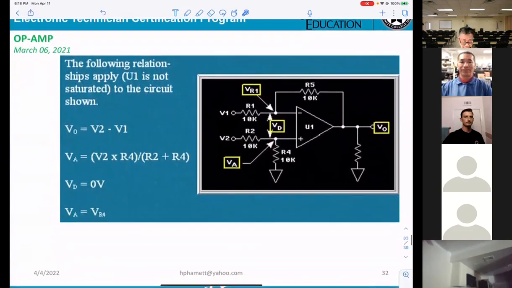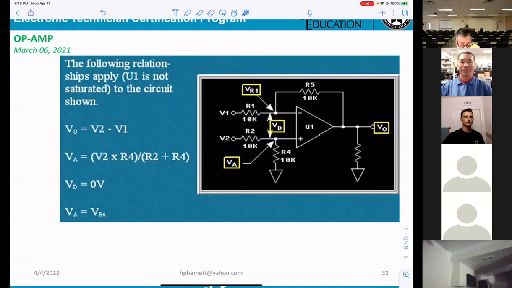Now, on that one, the following relationship applies. U1 is not saturated in the circuit, so VO equals V2 minus V1. That means VS positive minus VS negative.